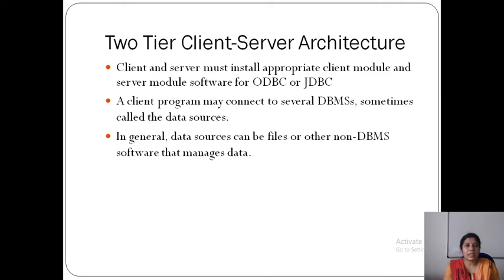It can be different files also, depending on the format in which you are storing the data, maybe a document format, or an XML sheet. All these are called data sources. Even some software which manages the data is also called a data source. So a client can connect to several data sources.